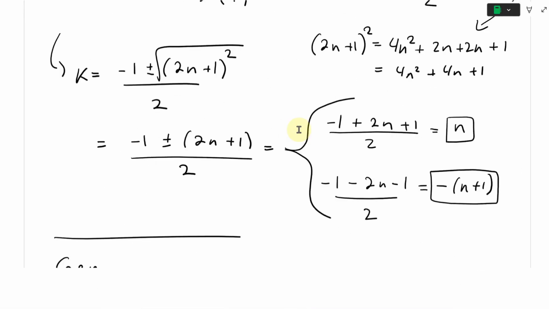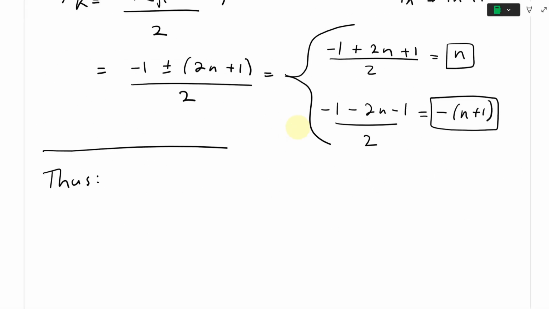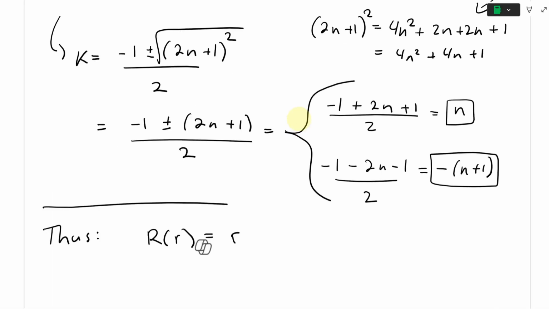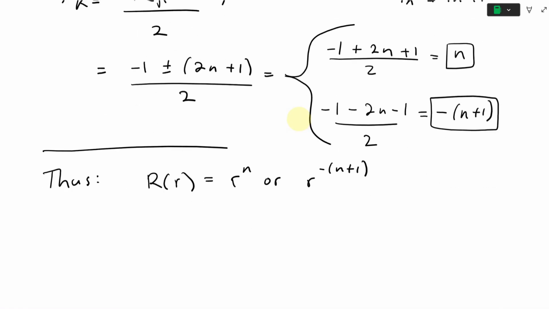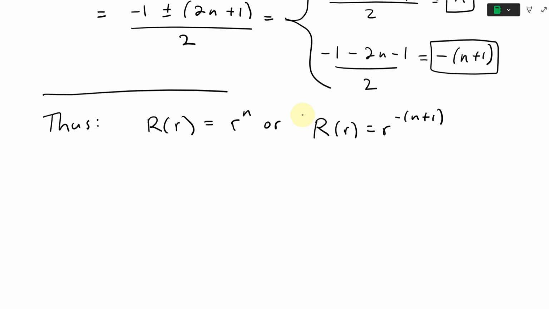Here I'll write that the basis solution is going to be r of r equals r to the k, which is r to the n, or r to the negative n plus 1. Or you could write it in this format. So that is our two basis solutions.